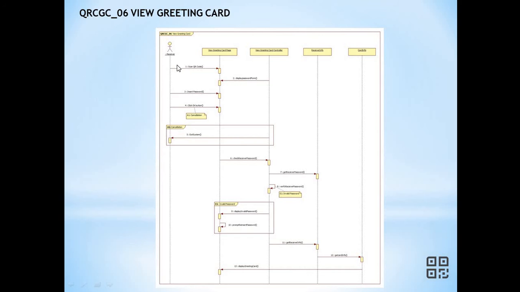The receiver must insert the password that matches the sender's password, which is the receiver's phone number. So basically it will get the info from the receiver info and card info.